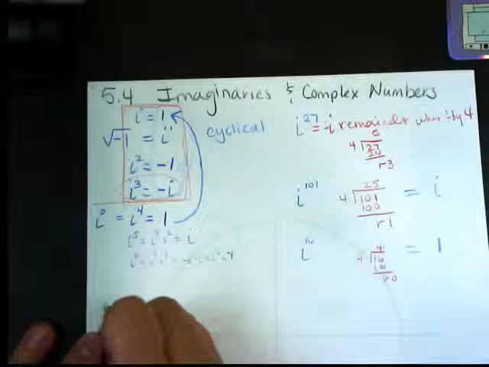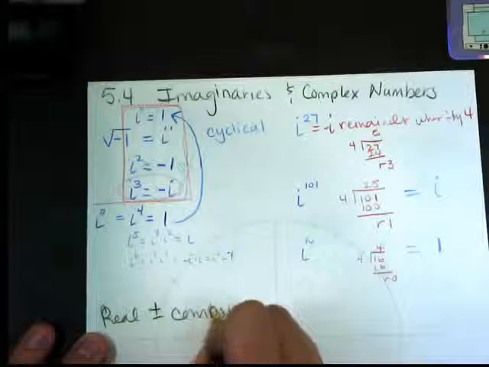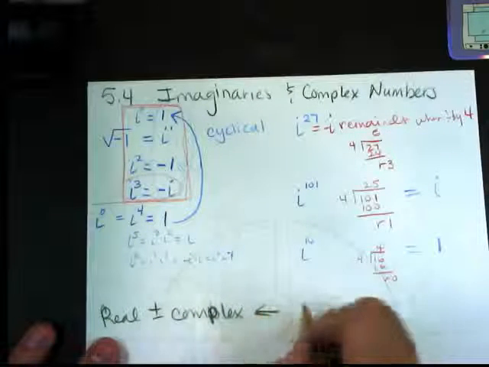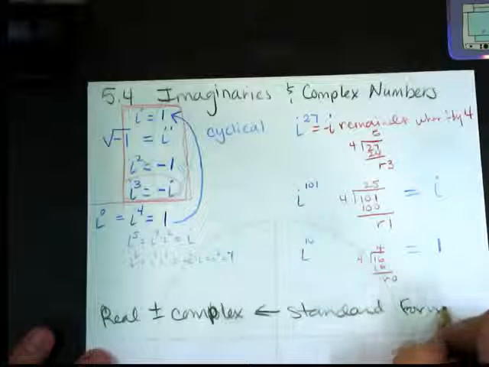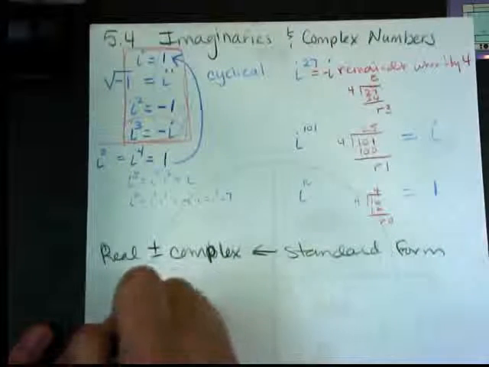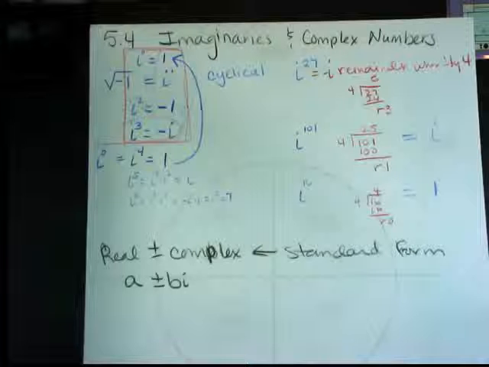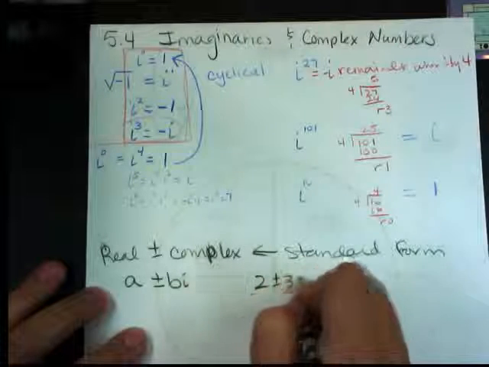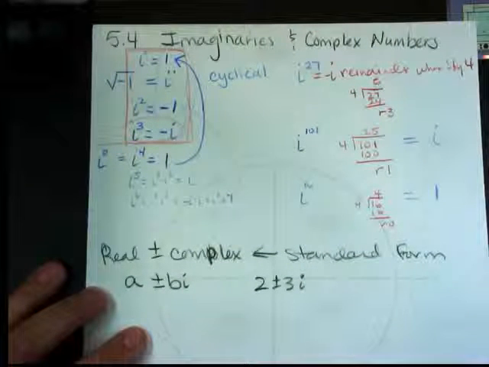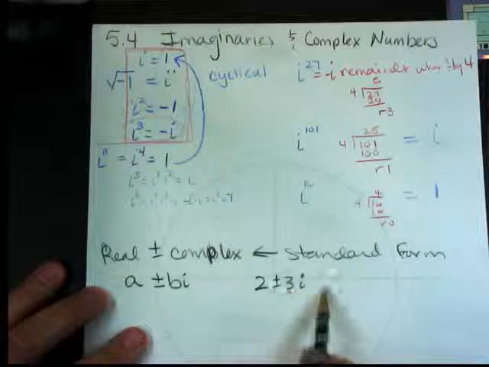What we have is we do real, plus or minus, complex, and we call that standard form. a is the real part, and bi is the imaginary part.